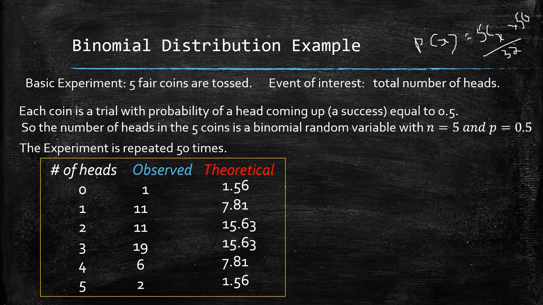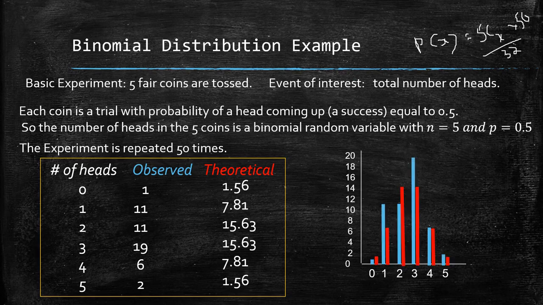So the theoretical frequencies here are close to the observed data, and if I draw the graph, we can observe that the observed and the theoretical frequencies are almost close. So the binomial random variable fits this experiment.